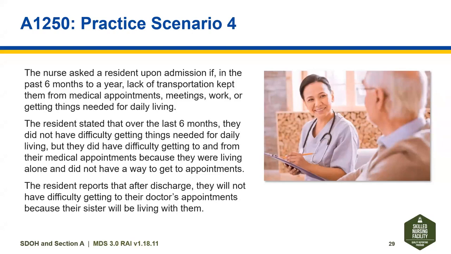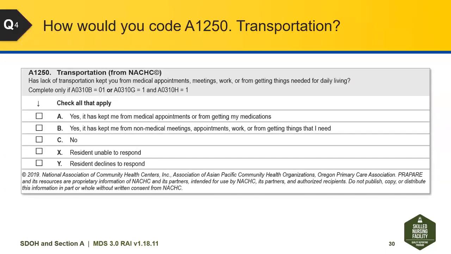The resident stated that over the last 6 months, they did not have difficulty getting things needed for daily living, but they did have difficulty getting to and from their medical appointments because they were living alone and did not have a way to get to appointments. The resident reports that after discharge, they will not have difficulty getting to the doctor's appointments because their sister will be living with them. So based on the scenario and the response choices available, how would you code A1250 transportation?